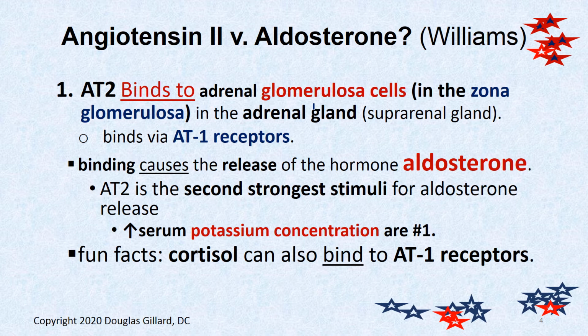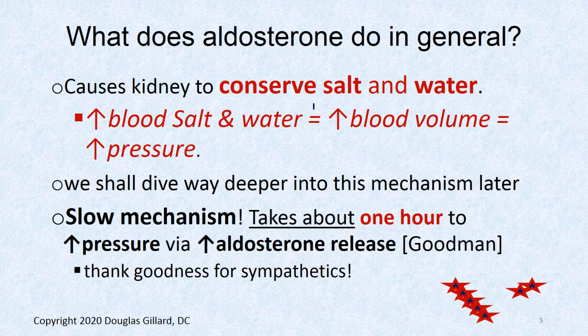Angiotensin II is actually the strongest stimulator for aldosterone release. Increased levels of potassium ion in the serum are the number one. Fun fact, cortisol can actually bind. Did you know cortisol can bind to angiotensin II type 1 receptors? Yes, it can, and it makes things a little confusing. We'll get to that more in a bit.